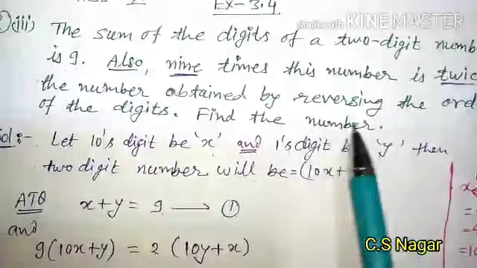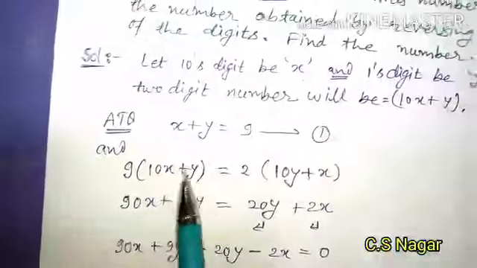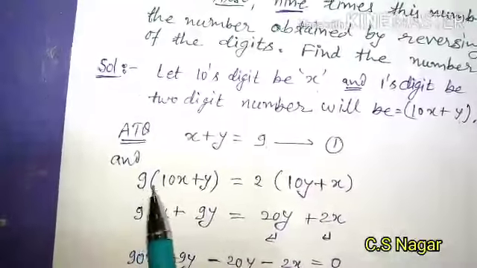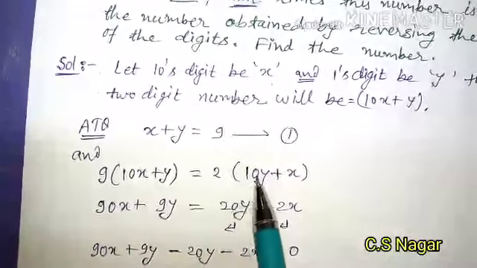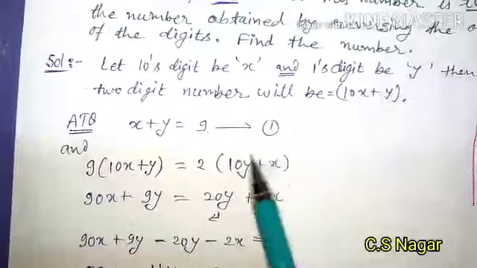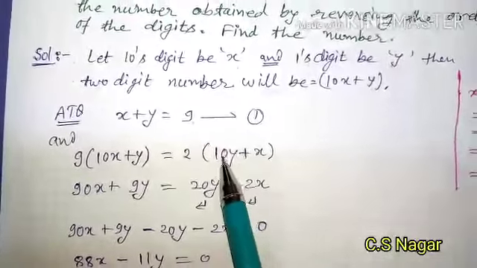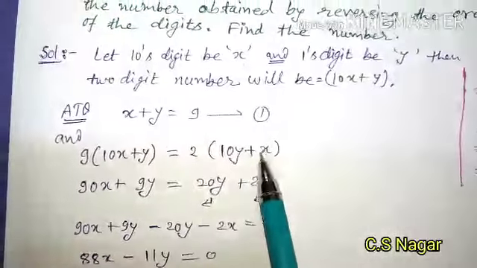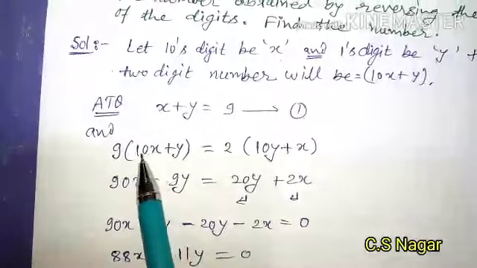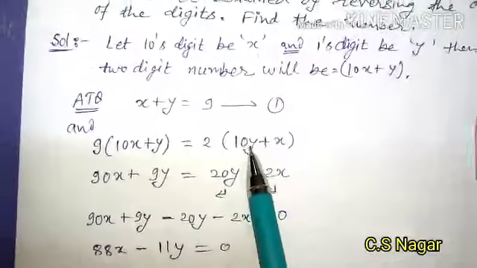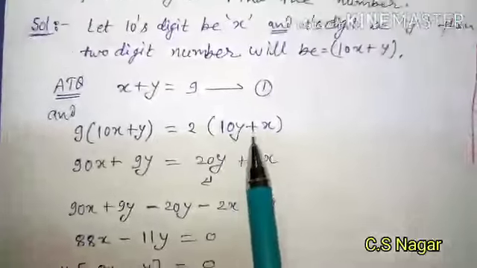It means we interchange x and y, so it means 10y plus x. This is 10x plus y, and now this is 10y plus x. We interchange the digits.